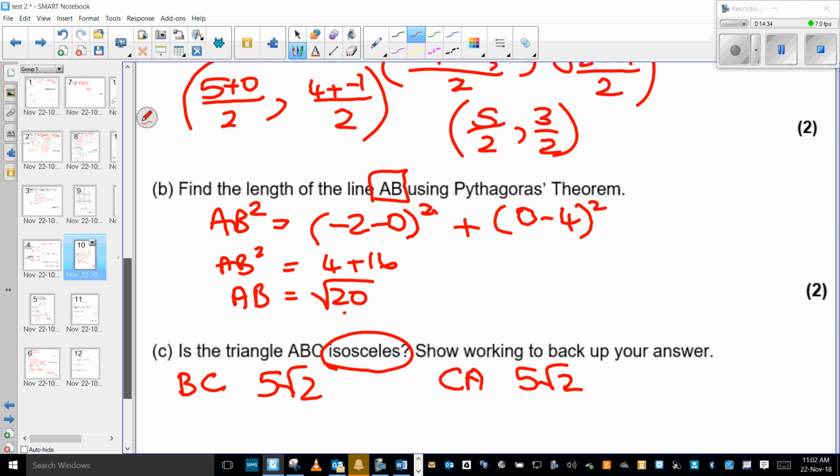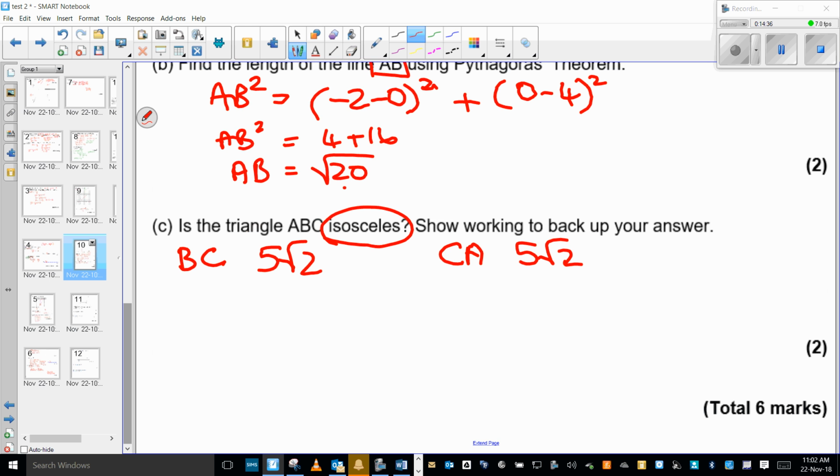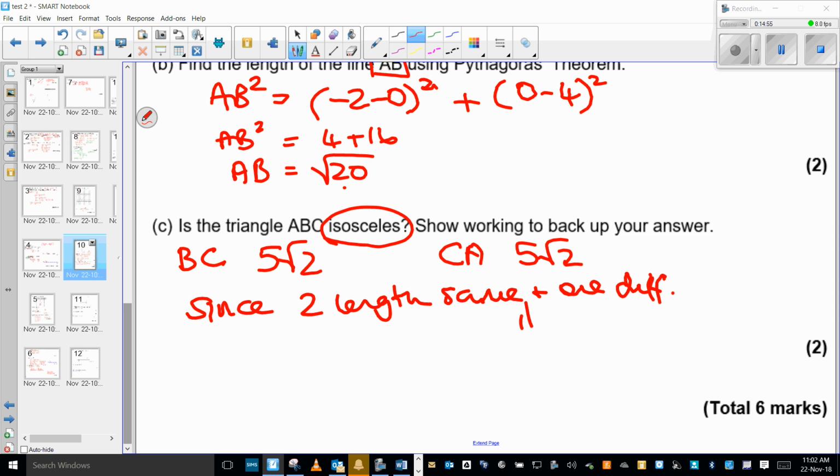All right, so we've got BC is 5 root 2, CA is 5 root 2, and AB is root 20. Are all three of them the same? No. Are two of them the same? Yes. So since two lengths are the same and one different, it is isosceles.